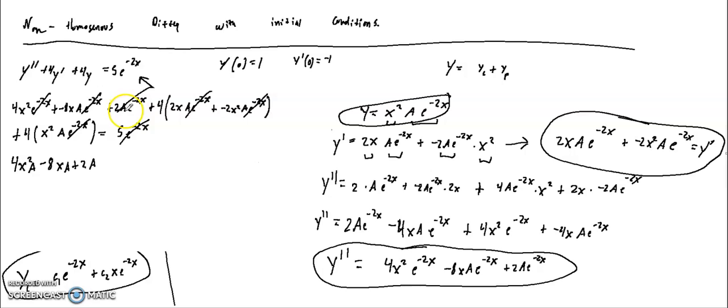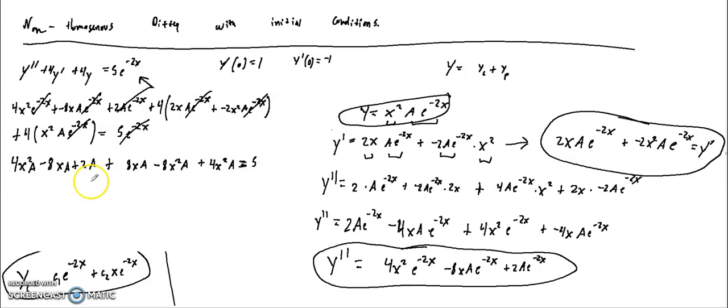So, plus 2a plus 4 times 2 times x times a is 8xa, and then 4 times negative 2 times x squared times a minus 8x squared a plus 4x squared a plus 4x squared a equals 5.